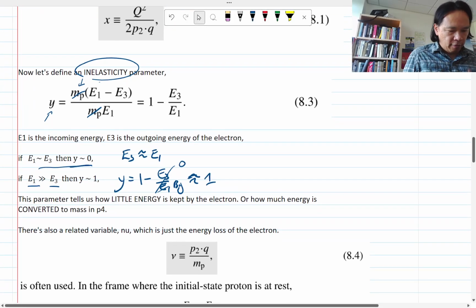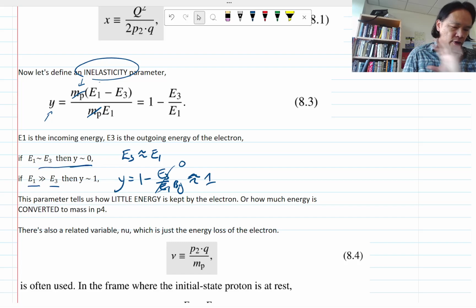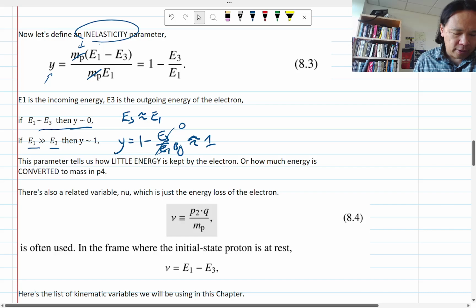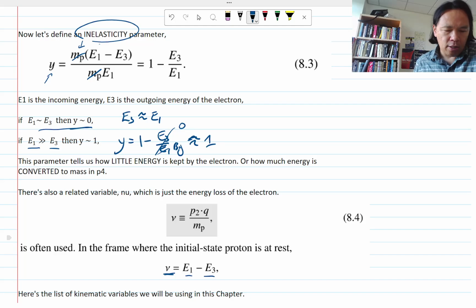If that's not enough, we're also going to find a new variable called nu. It's related to x and y, but it's sometimes useful, and we'll see how useful this is. This parameter nu basically tells you how much energy is lost by the incoming electron.